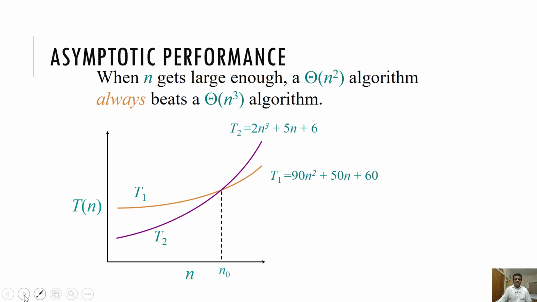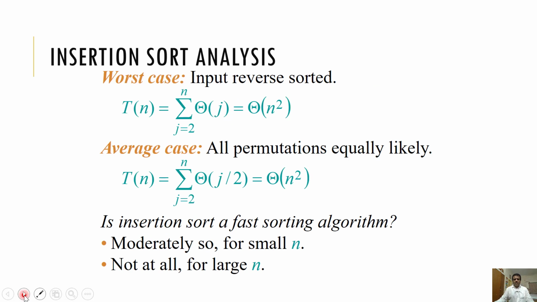Okay, so now we want to analyze insertion sort with the help of this asymptotic notation. This is the insertion sort analysis. I mean, we want to find the runtime of insertion sort.